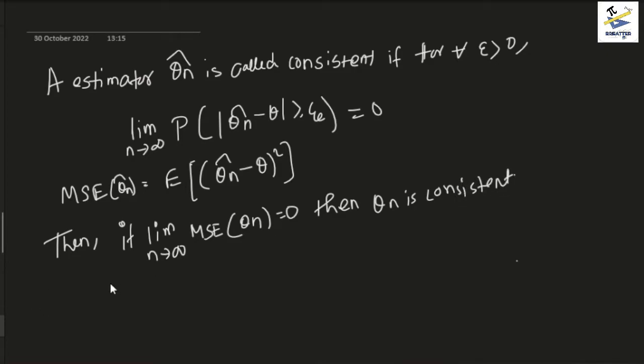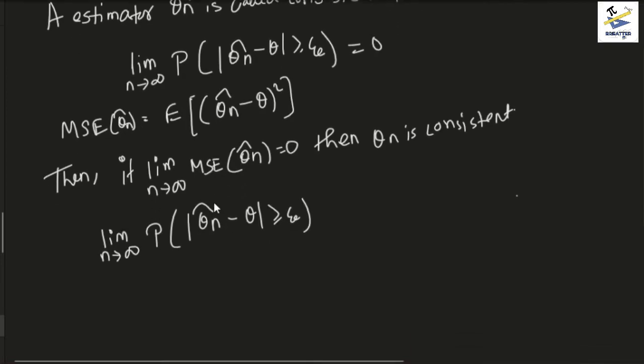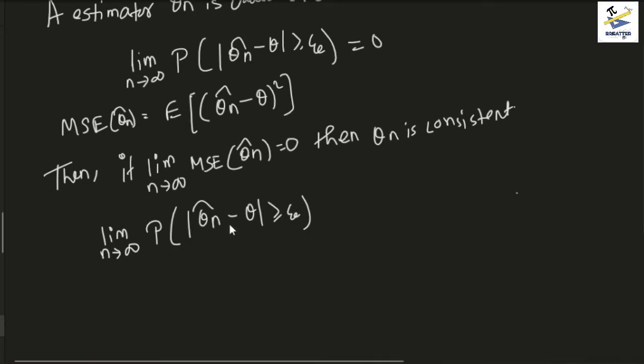We can prove it as follows. And this thing right here, we can understand that this is less than or equal to the variance and bias, right? So what we can do is as follows.